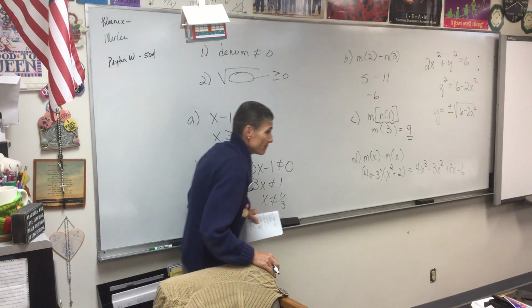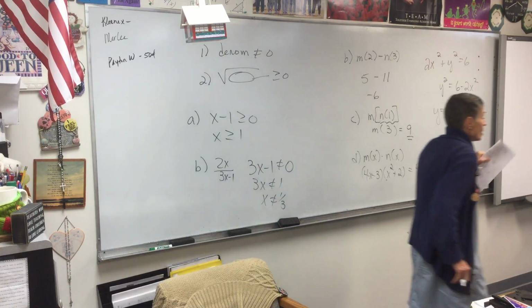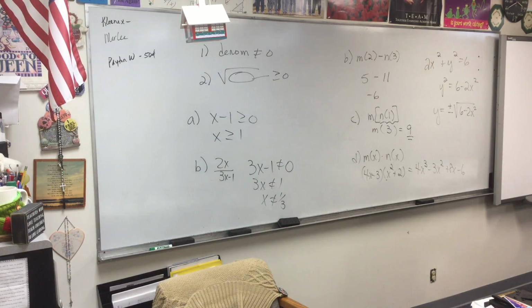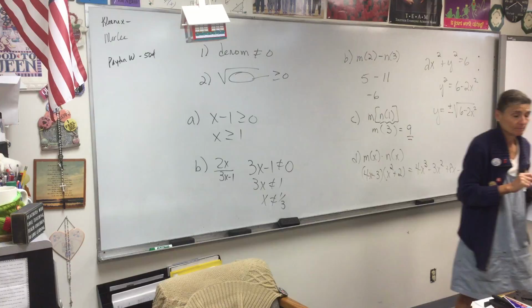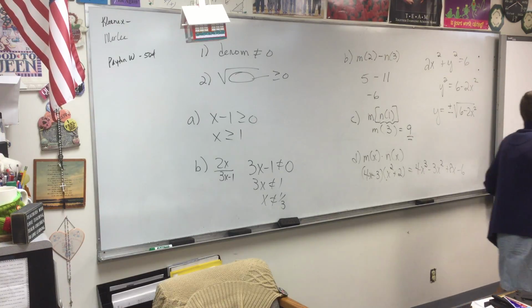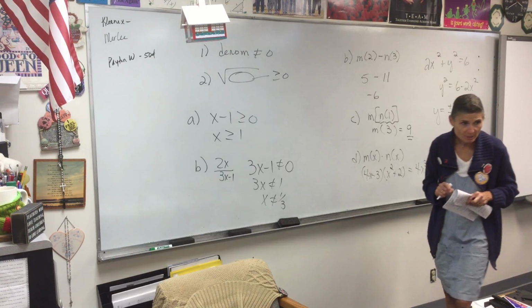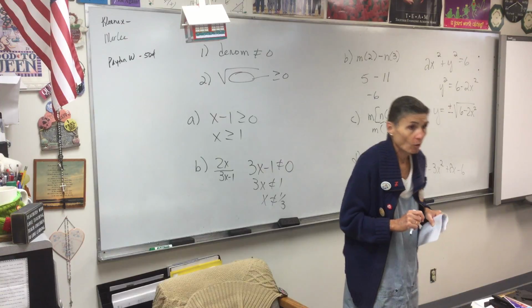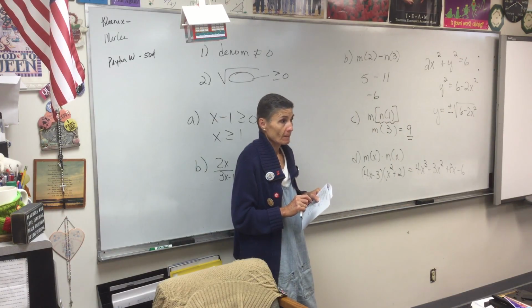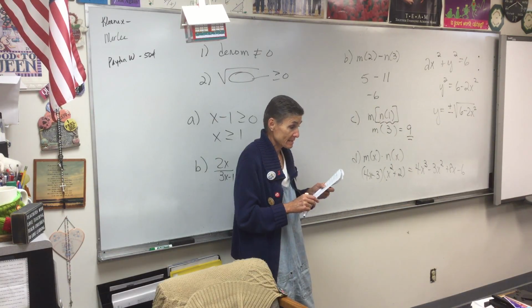All real numbers. Gabby's right on it. All real numbers. Why is C all real numbers? It doesn't have a denominator and it doesn't have a radical. So unless it's some freakish problem, the domain is going to be all real numbers. And I'm not going to trick you. You're not going to have a freakish problem. If there's no radical and there's no fraction, your domain is going to be all real numbers. Hear that? We shouldn't miss that question.